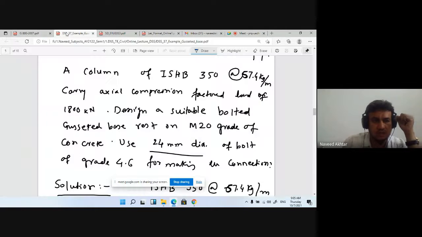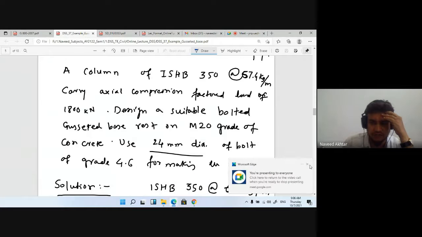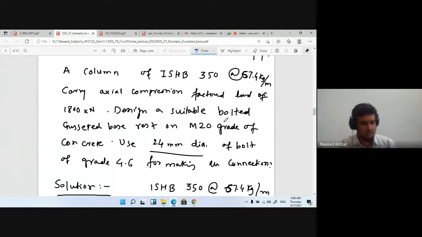In the previous lecture, we started the design of the gusseted base. This example we have solved; I will go through it and complete this design, and then see the moment resisting base.